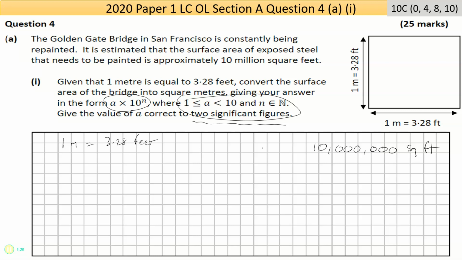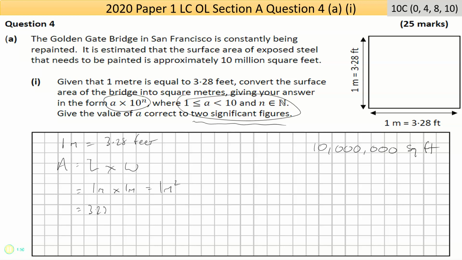Okay, so we're trying to find the area of this. Well, look, the area of this shape, now if it's a square, it's going to be length by length, but let's just go with length times width. Now it just happens that the length, you could say it in meters, is 1 meter by 1 meter, which is 1 meter squared.